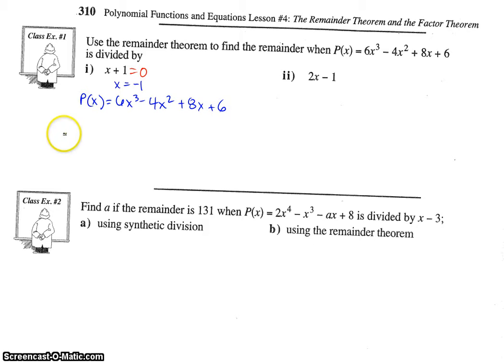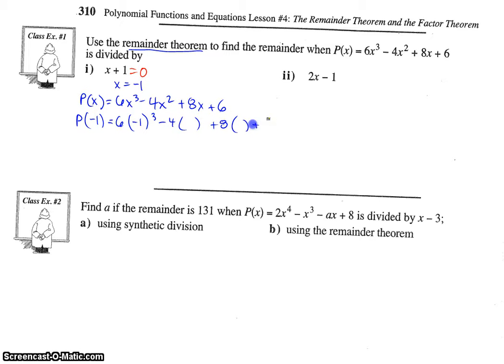And now we want to figure out what p at whatever our x value is, so p at -1 equals. And that should be our remainder, which is basically using the remainder theorem. So scoop x out everywhere you see it.